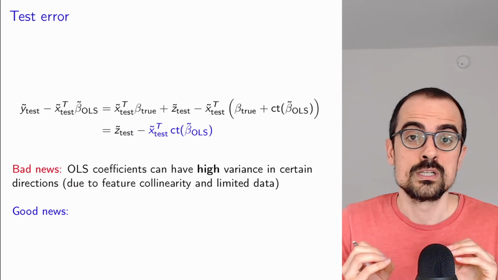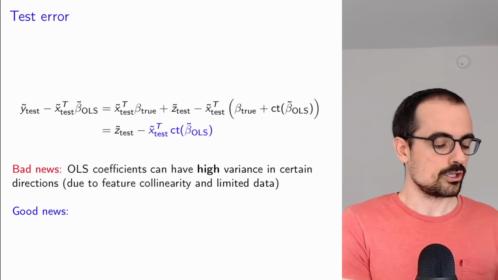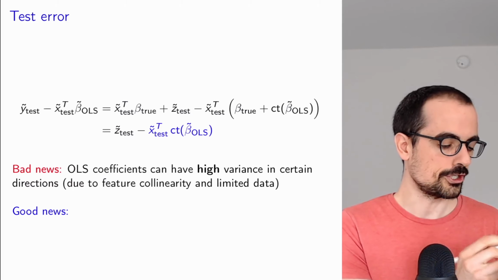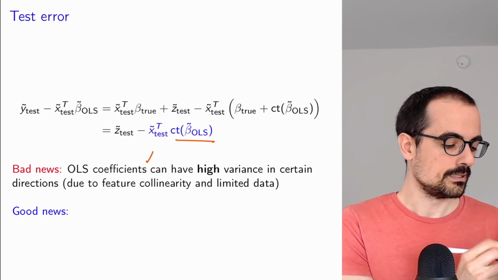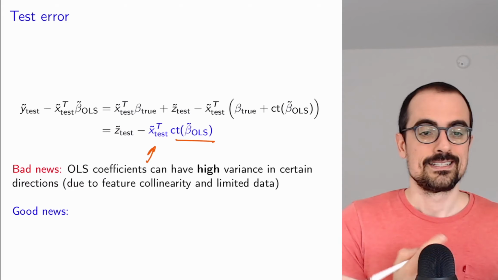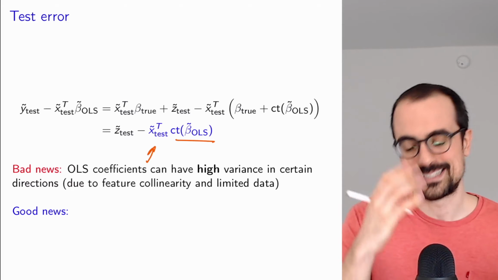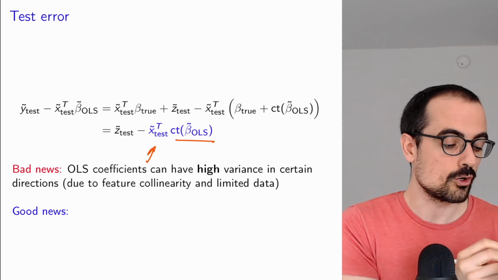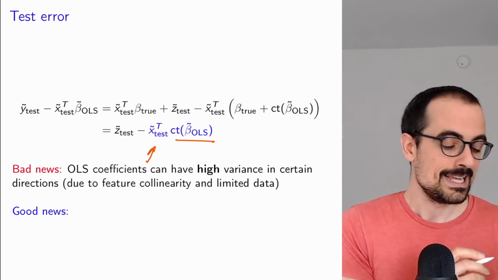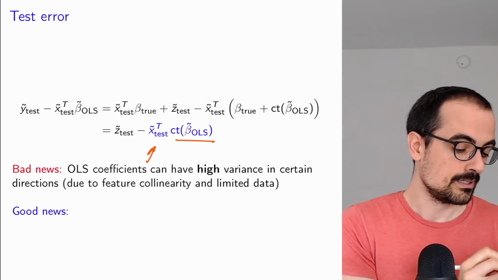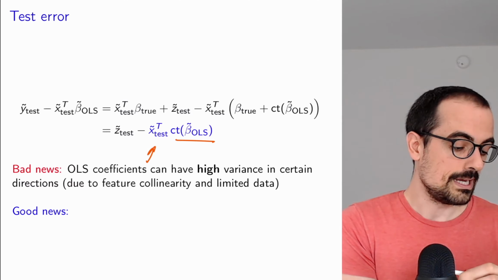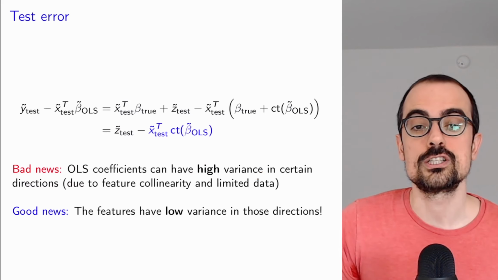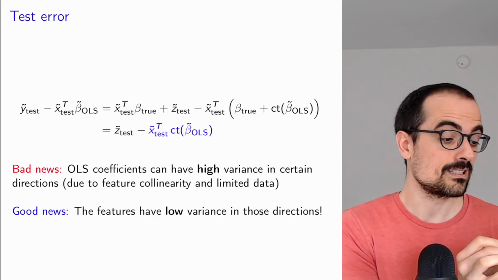The good news is that, because there's this inner product between the OLS coefficients and the test features, in these directions where the OLS coefficients have high variance, we know that the features have low variance, so they cancel out.